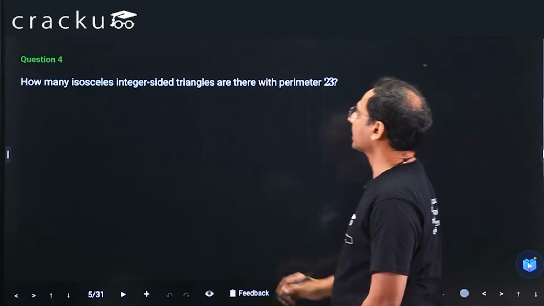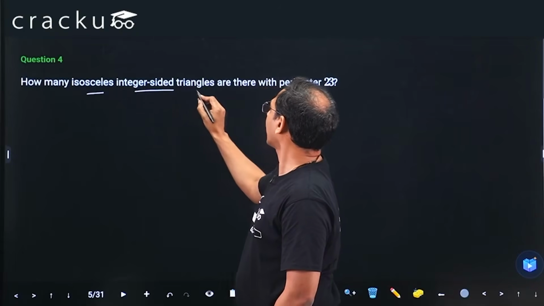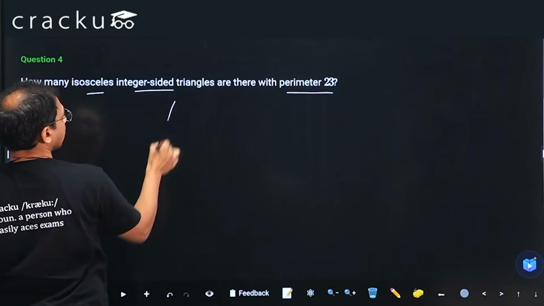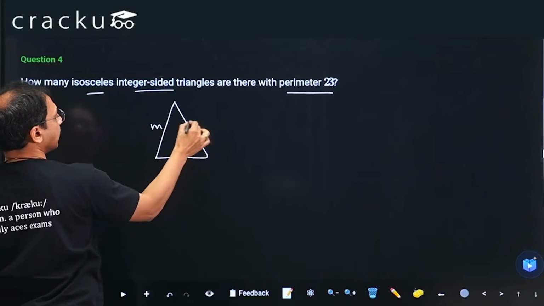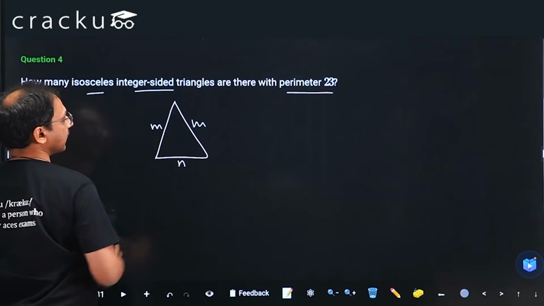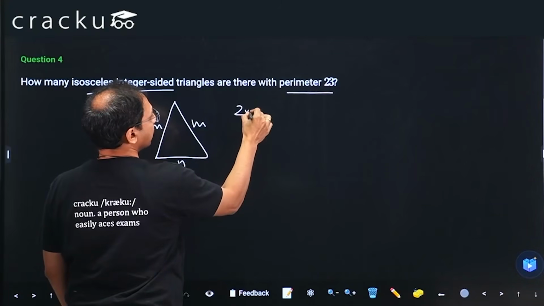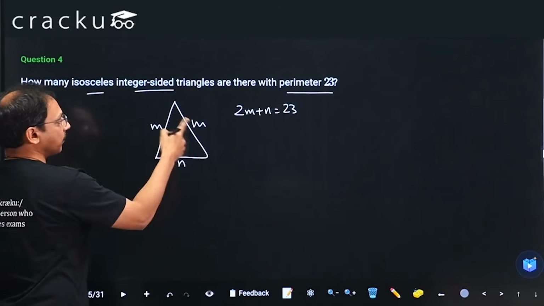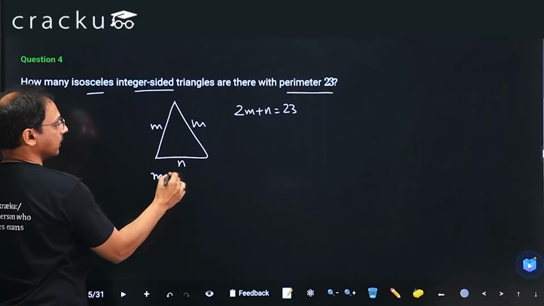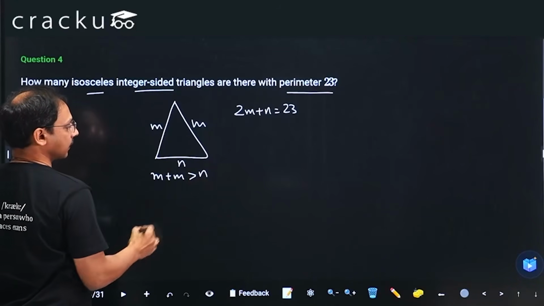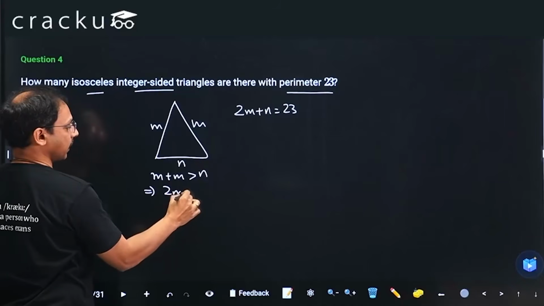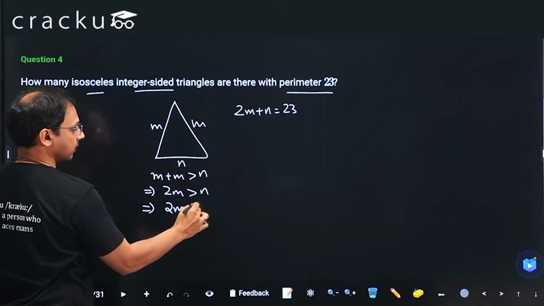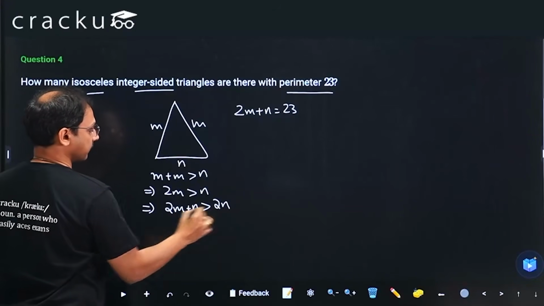How many isosceles integer sided triangles are there with perimeter 23? Let us say the equal sides have length m and the third side has length n. The perimeter 2m plus n is 23. Apply the triangle inequality here. Sum of two sides should be greater than the third side, so 2m is greater than n. Add n on both sides. 2m plus n is greater than 2n.